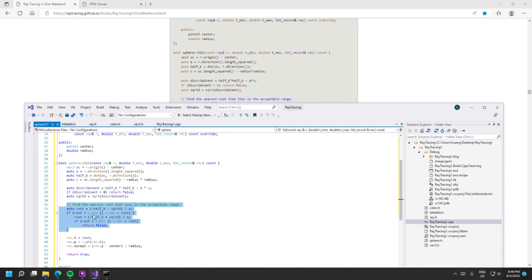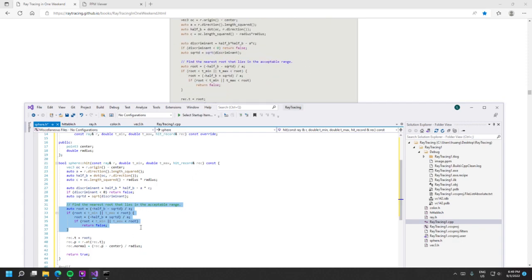And as you can see, this part is new, the part that we modified. If the ray hits the sphere in two points, the sphere is not transparent, so we're not interested in the second point anymore.